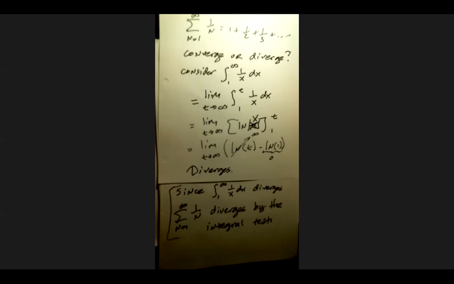Questions about this example? Very good. Notice that we just proved once again that the harmonic series diverges. We didn't do this because we were uncertain as to the result; we proved that it diverged yesterday.